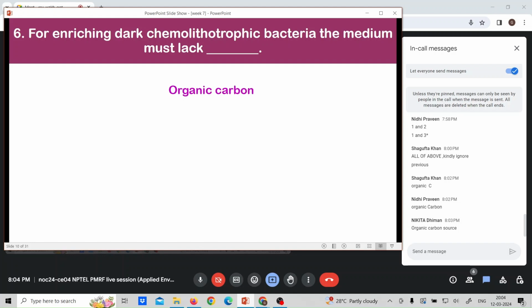Okay, so as you have all told, it should lack organic carbon. So chemolithotrophic metabolism does not support organic carbon presence.